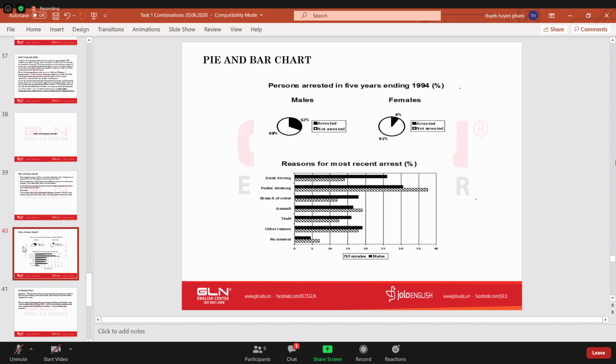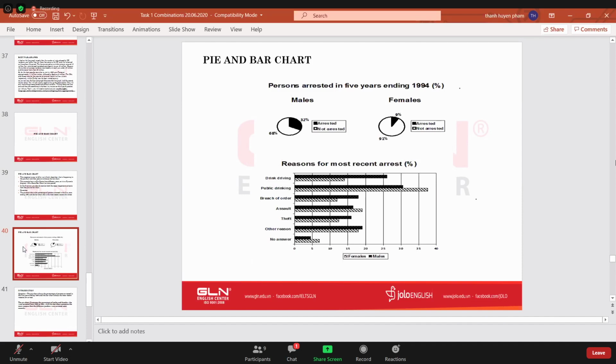Each has got two pieces of information, which are people arrested and people not arrested, and the relevant numbers or percentages. And then the bar chart compares male and females and reasons for most recent arrests. And again, it's in percentages.